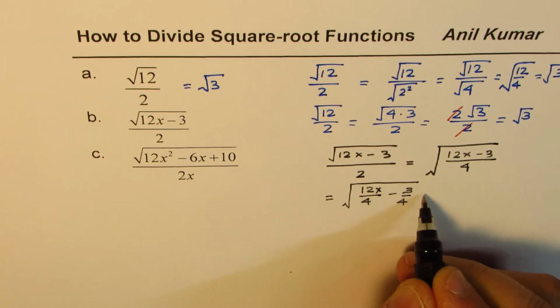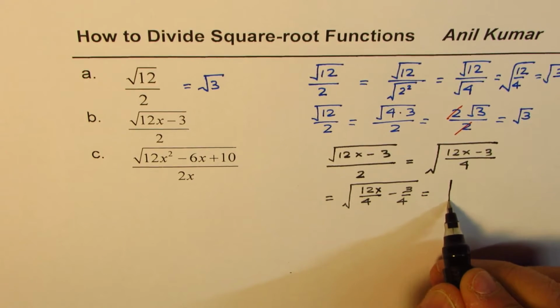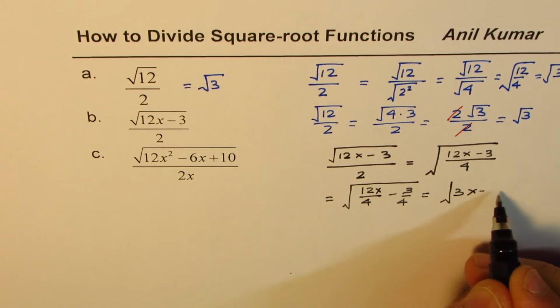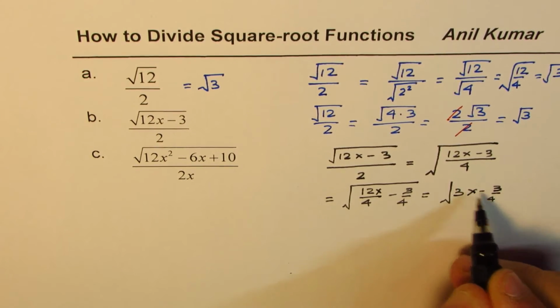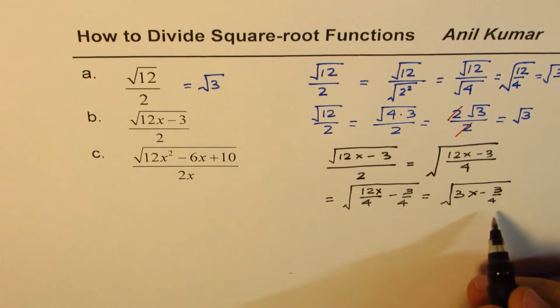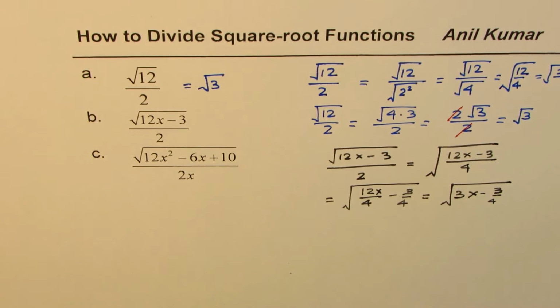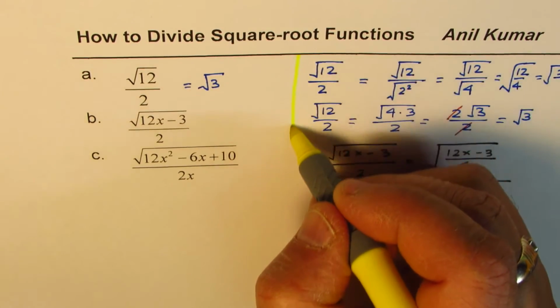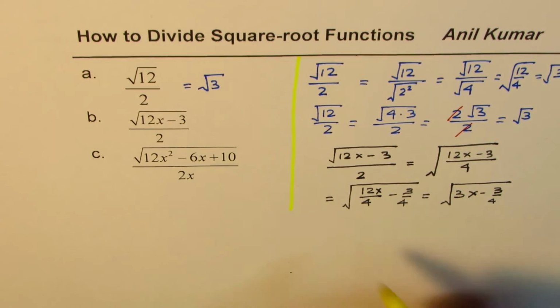Perfect. And we could write this as square root of, 12 divided by 4 is 3, 3x minus 3 over 4. Does it make sense to you? So within the square root, we could write it like this. Correct? I hope these steps are clear. Sometimes it becomes important to rearrange as we did here, right?